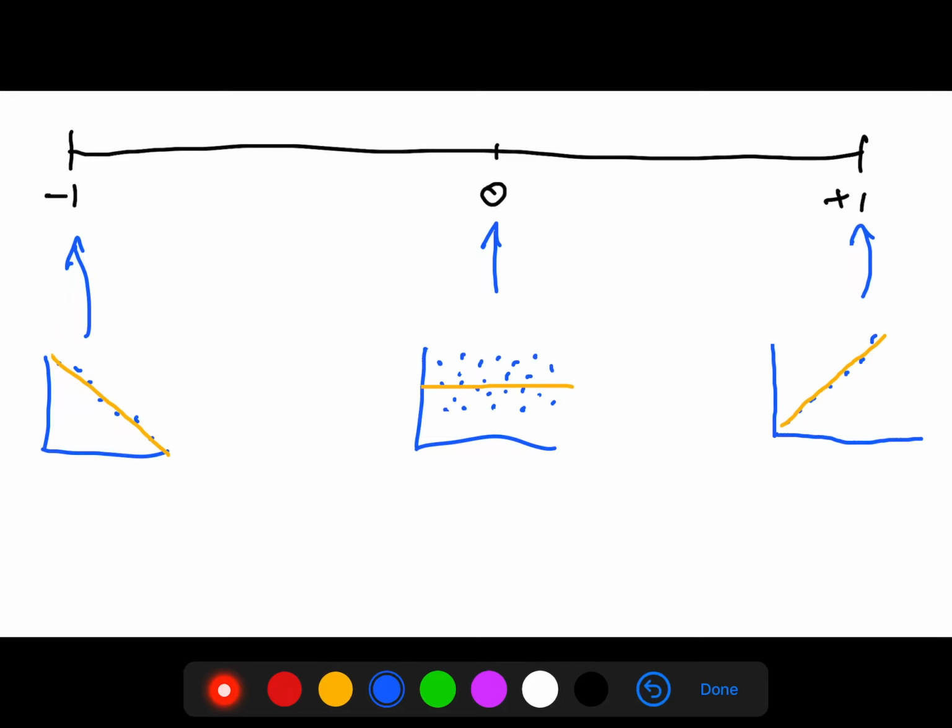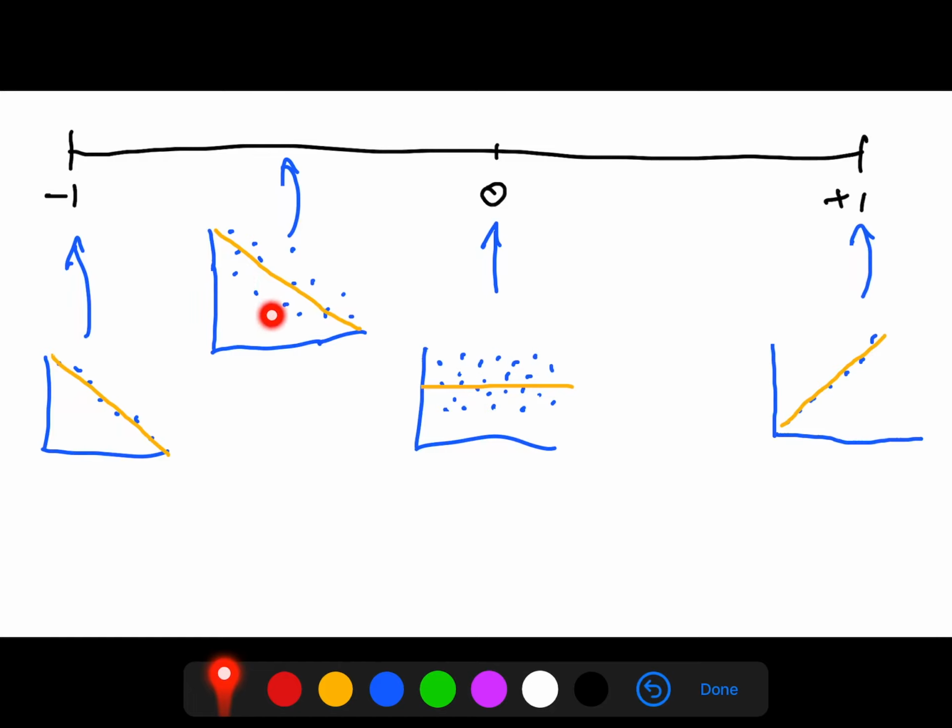Well, what happens if you're somewhere in the middle? What happens if you're like 0.5 or something? Well, if you're at 0.5, you've got a little bit of both. So you've got a downward trend, but the dots are still pretty scattered. So when I draw that line through the middle, you'll notice that there are a bunch of dots that are quite a ways away from it.